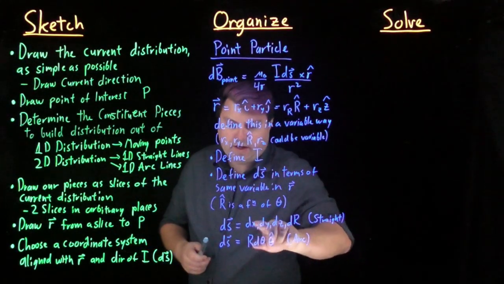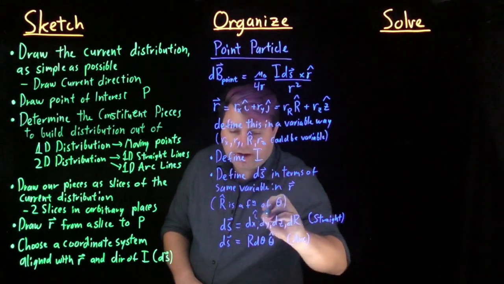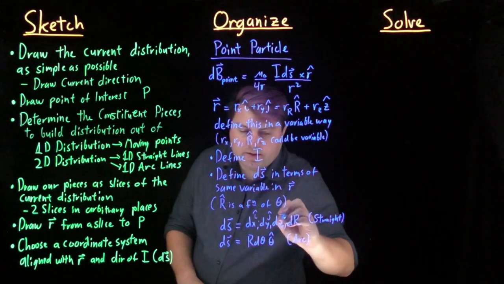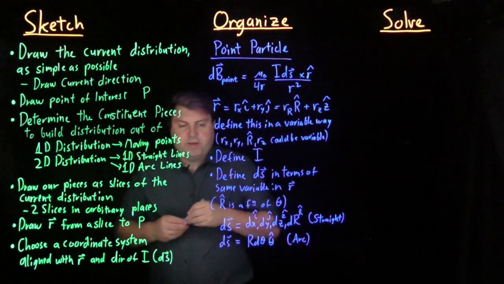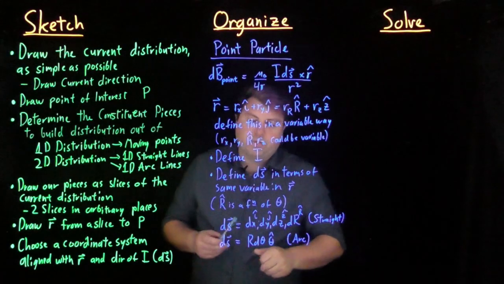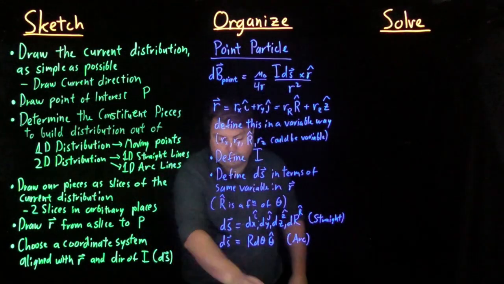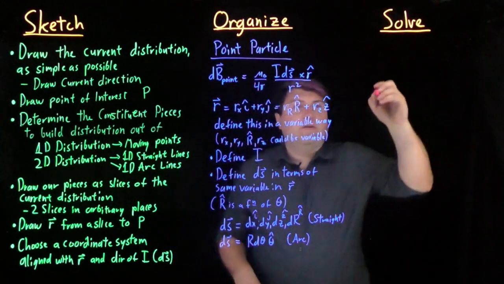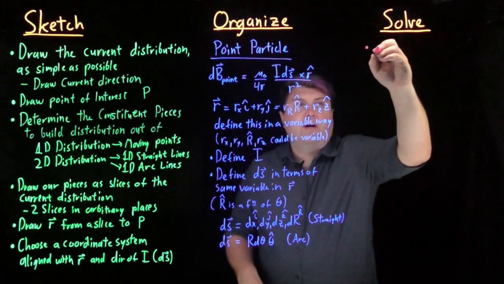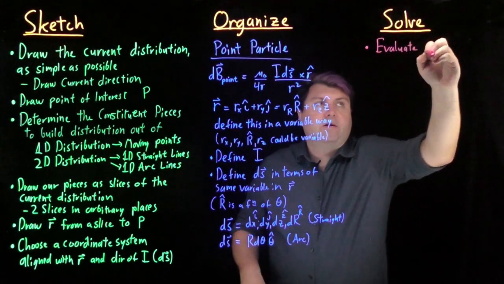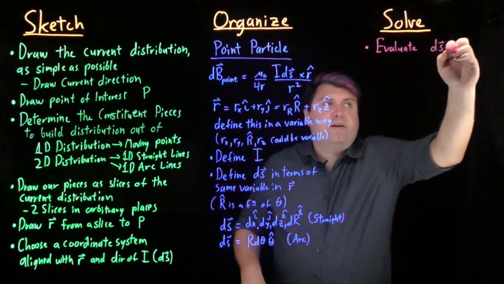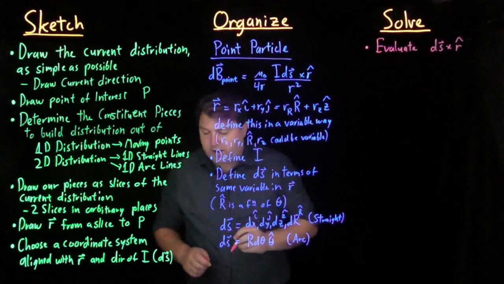So this would be dx i hat, dy j hat, dz z hat, dr r hat for these different straight pieces. If it's an arc, then it would be r d theta, theta hat. So as we are solving, the first thing we want to do when we solve is to evaluate ds vector crossed with r hat.